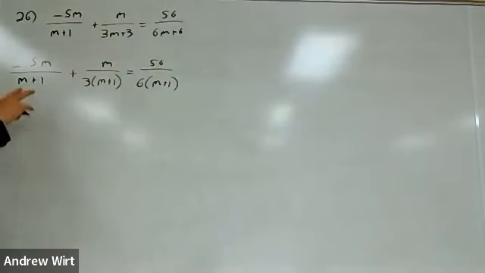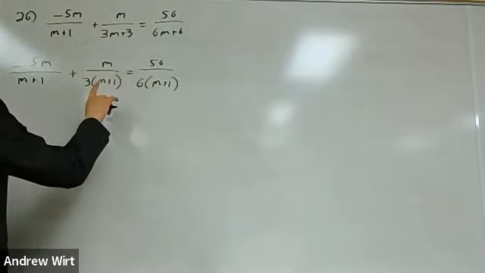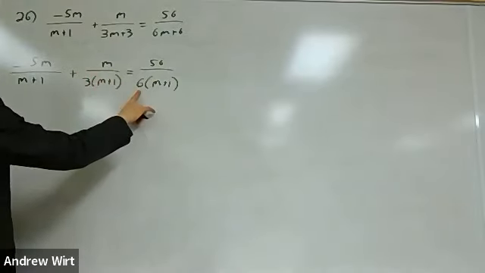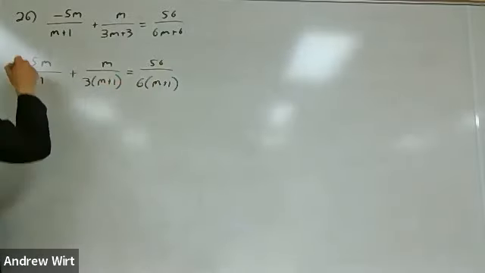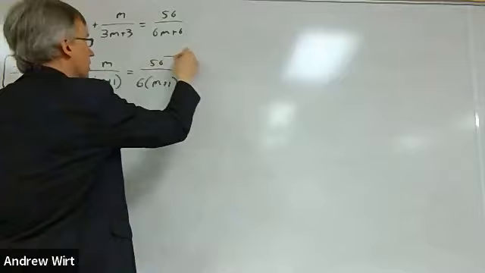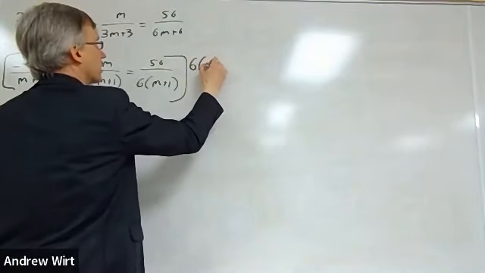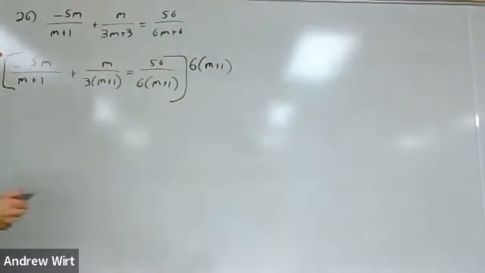All right, now we've got one unique binomial, n minus 1, or n plus 1, and the coefficients are 3 and 6. Least common multiple of 3 and 6 is 6. So that makes our LCD 6 times n plus 1. And now we'll get rid of all the fractions.